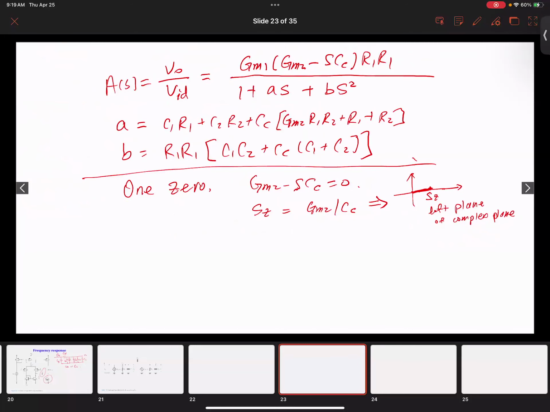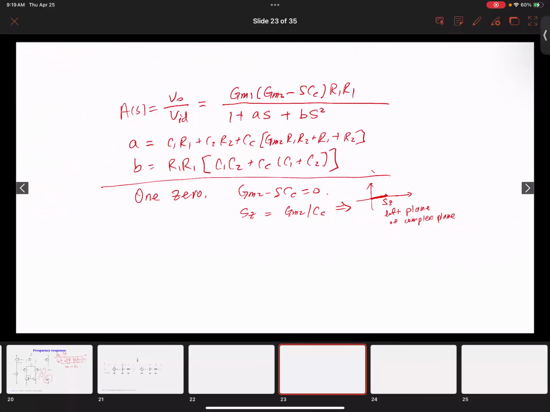Okay, so this is one of the zeros. We only have 1 zero. But for the denominator, because it's 1 plus AS plus BS squared, we do have 2 poles.